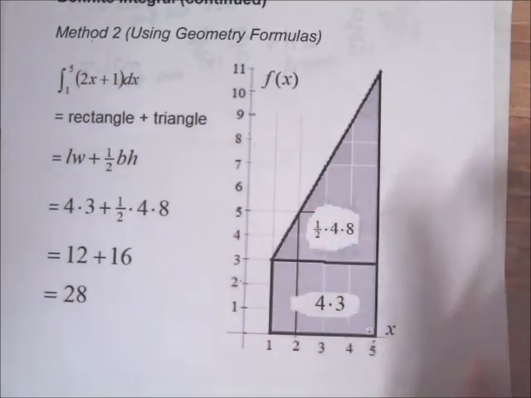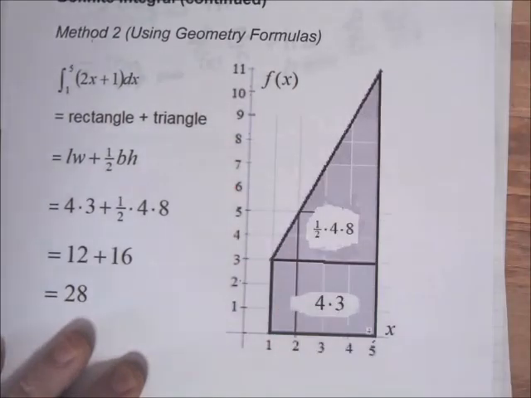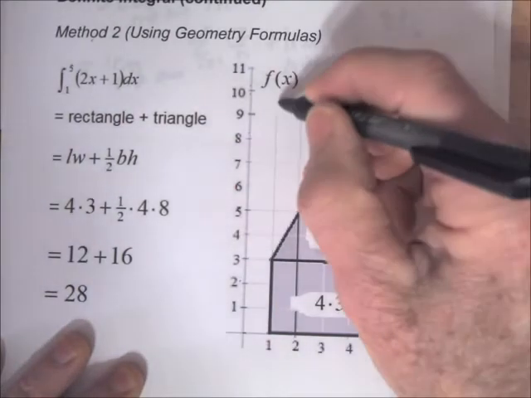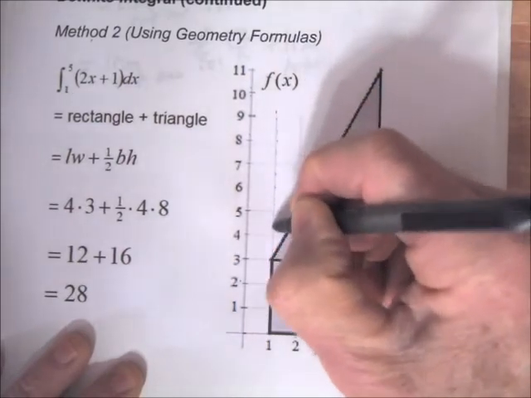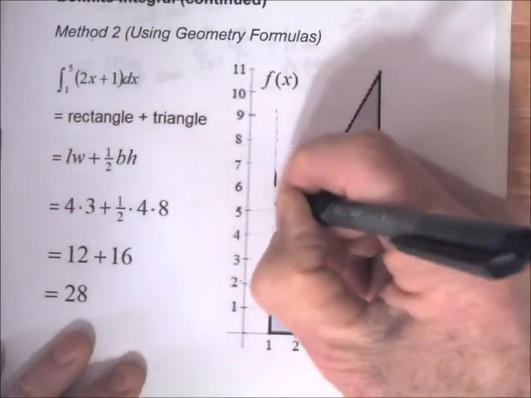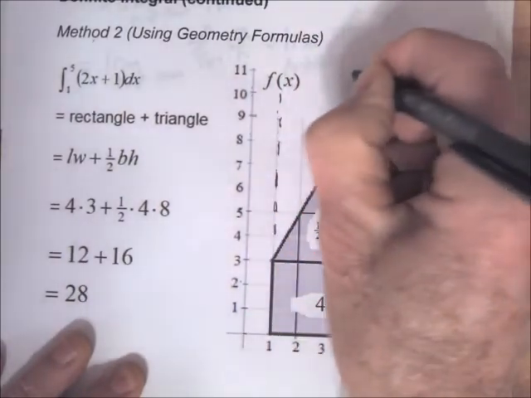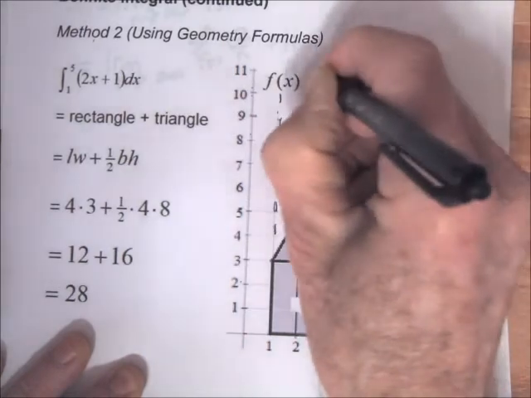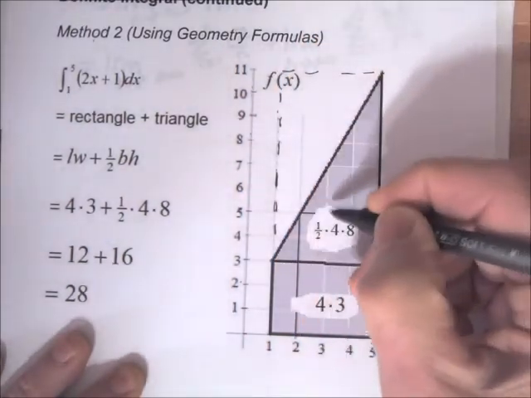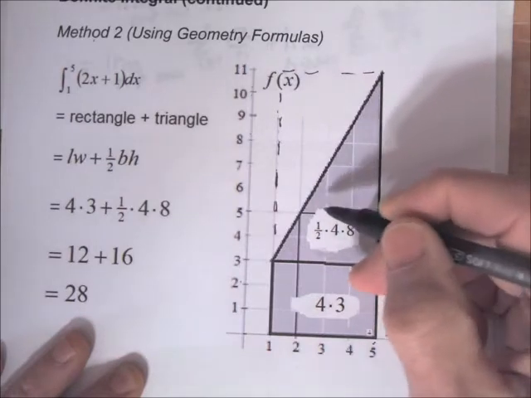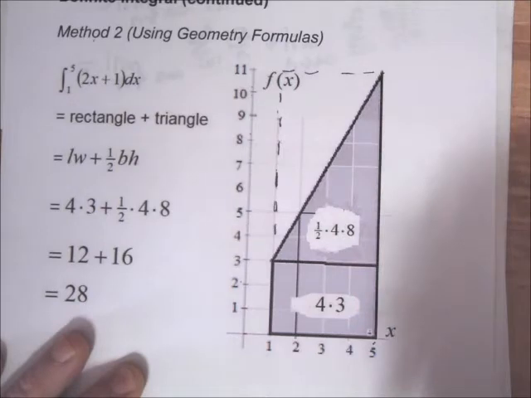But if you extended this triangle to make it into a full rectangle, you can count the little squares there. There should be 32 of them, and then divide by 2 to get the shaded area.